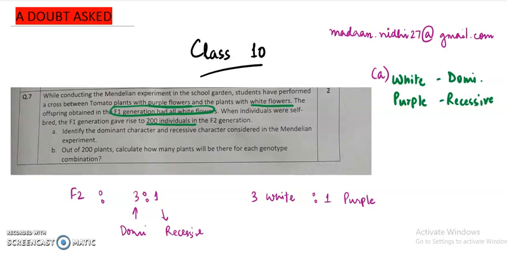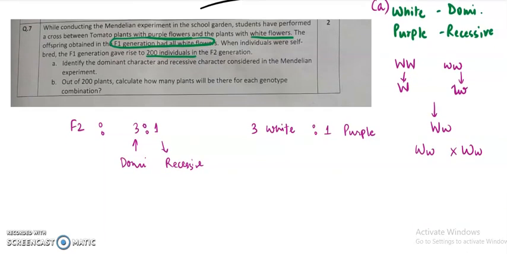Now if we consider white to be the dominant, then the genotype for this will be capital W, and for purple it will be small w. The gamete formation would be small w in the case of this and capital W here. F1 will be all white flowered, and when white flowered is selfed, we will have such genotypes.